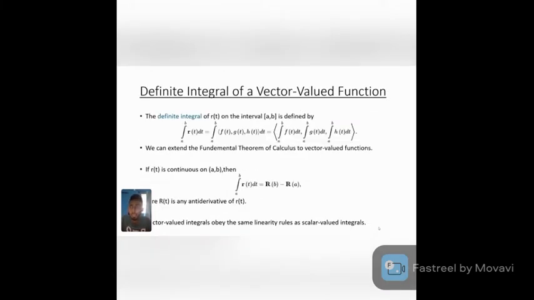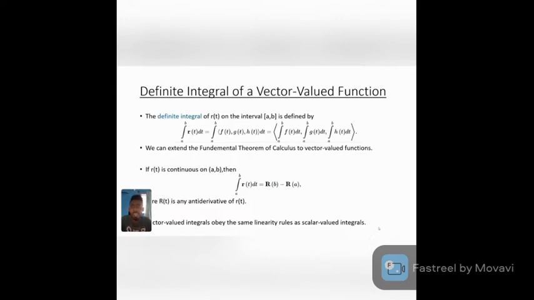Next, we continue with definite integral of a vector valued function. The definite integral of r(t) on the interval [a, b] is defined by the integral of r(t) dt equals the integral of f(t), g(t), h(t) dt, equals the vector of the integral of f(t) dt, the integral of g(t) dt and the integral of h(t) dt.